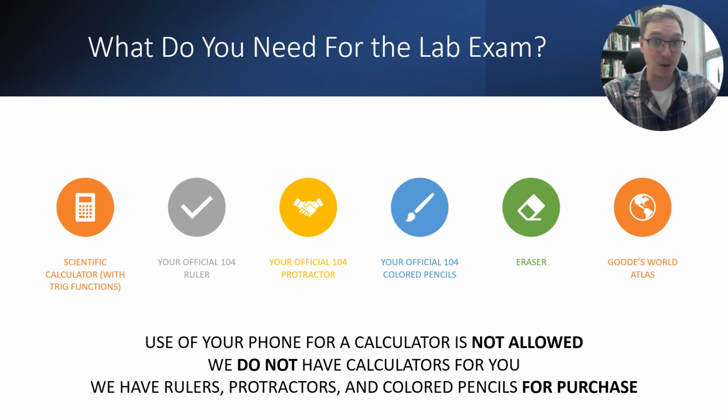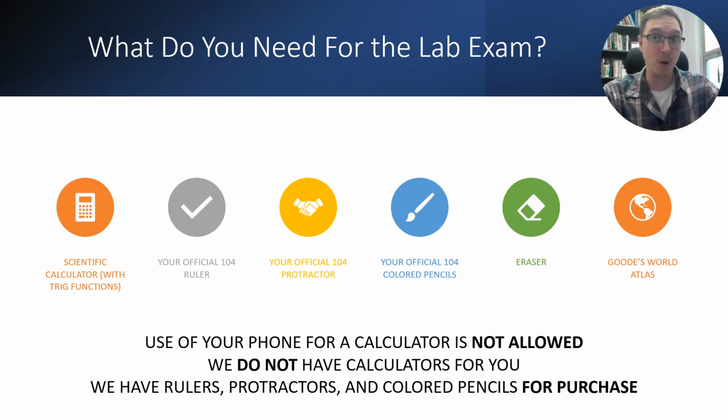So I would highly suggest making sure you have your scientific calculator, your official 104 ruler, your official 104 protractor, your official 104 colored pencils. Definitely bring an eraser. Do not do this in pen. And then you absolutely must make sure to bring your Goode's World Atlas. We will be requiring it for the exam.